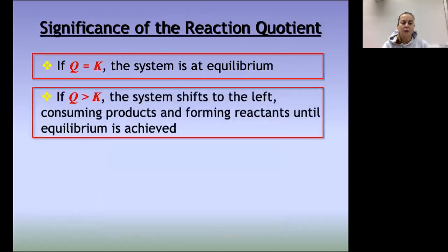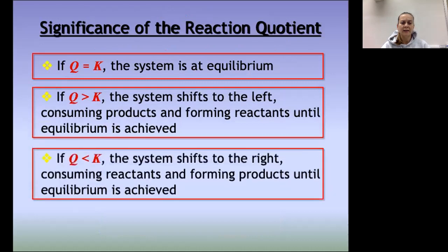If Q is greater than K, the system is going to shift to the left, consuming products and forming reactants until equilibrium is achieved. And if Q is less than K, the system will shift right, consuming reactants, forming products, again until we get back to equilibrium. So it's just a tool to tell us which way it's going to shift.